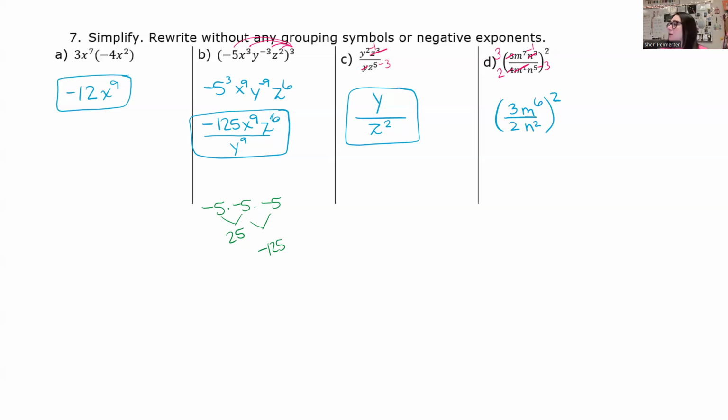All right, from here, all I have to do is distribute in the 2 to everything in the parentheses. So it has to go to everything on the top and everything in the bottom. You got to put it to everything. When I rewrite it, I'm going to do some of this stuff in my head. What is 3 to the 2nd power?